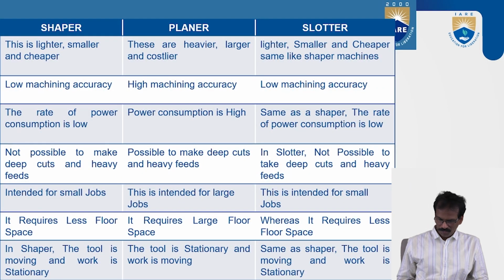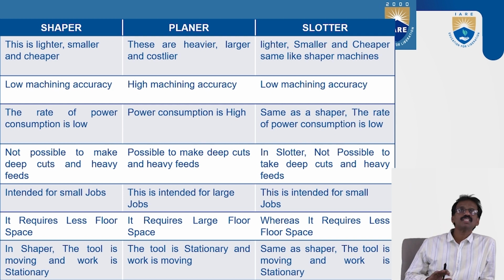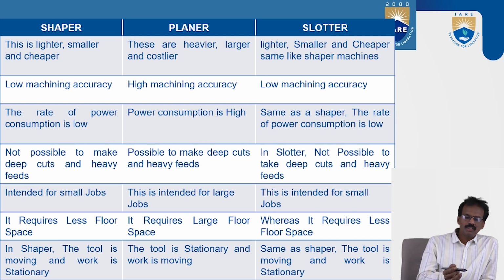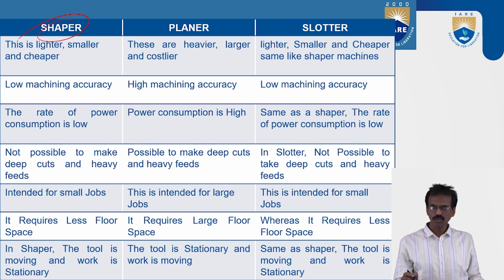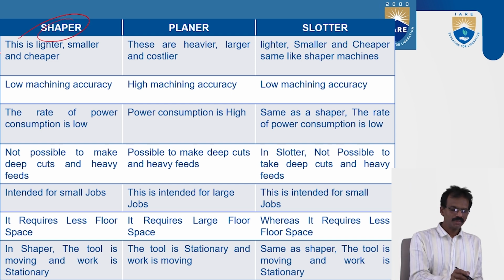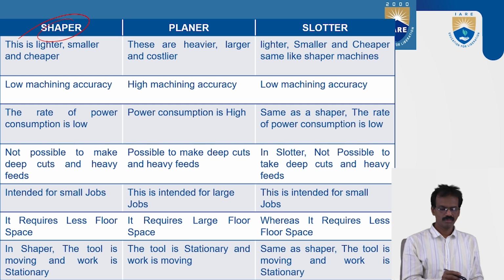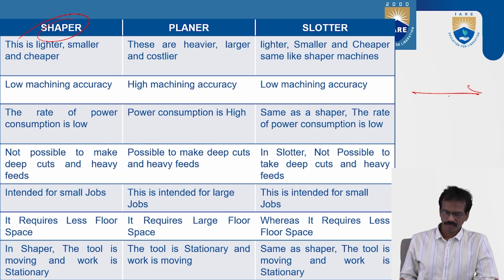Also we'll see some differences between the shaping machine, planer machine, and slotting machine. Okay, so all are reciprocating machines. It means all move in to and fro motions. In the shaping machine, the cutting tool will move horizontally in a to and fro motion.